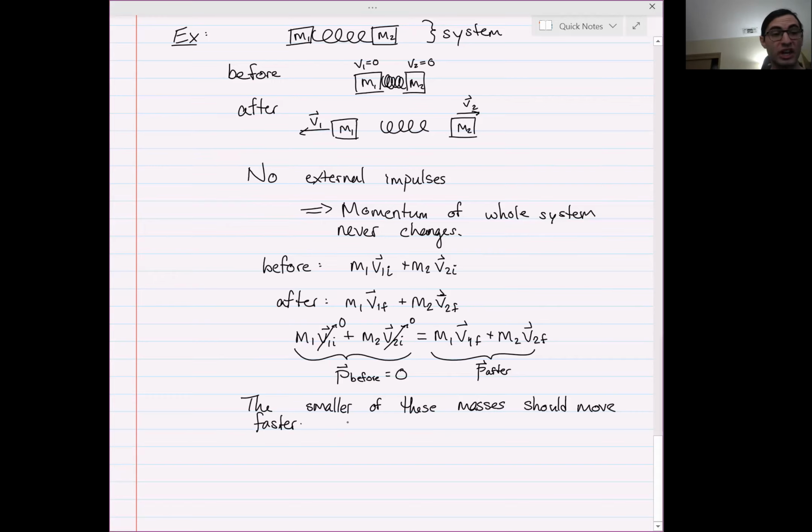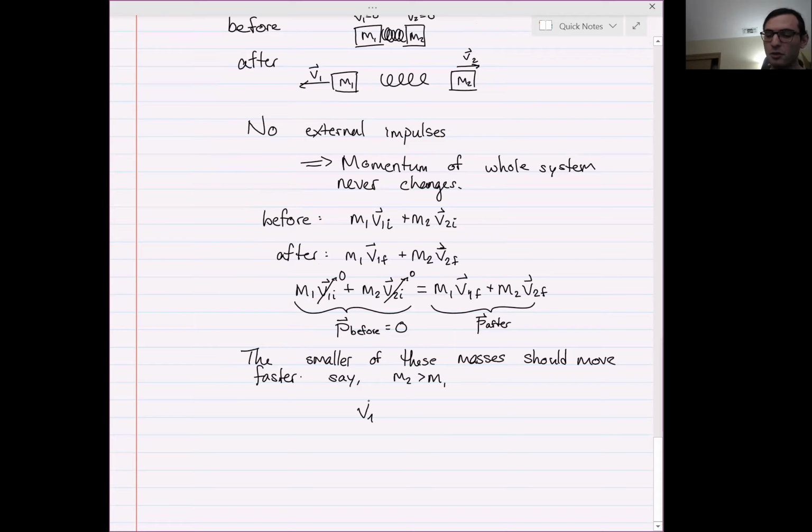So let's say that m2 is greater than m1. Then we could solve for v1f using this equation. We would move this term over to the left, and then divide by m1. So this would be negative m2 divided by m1 times v2f.